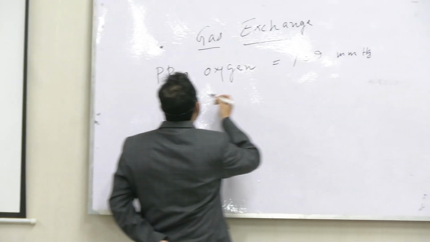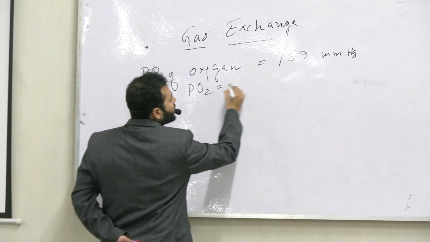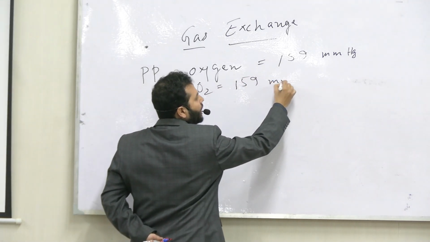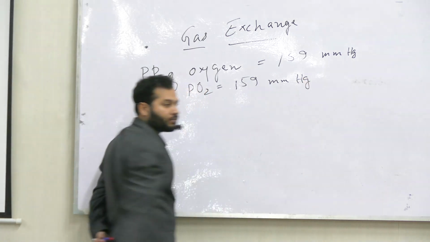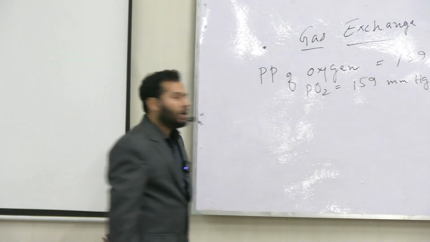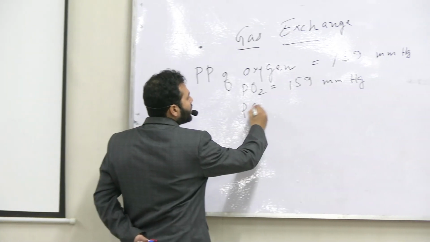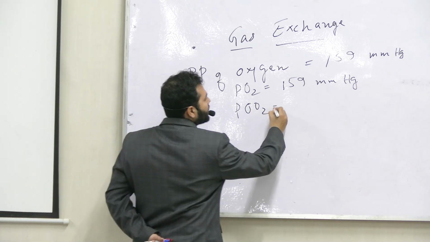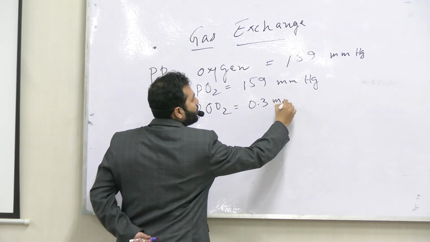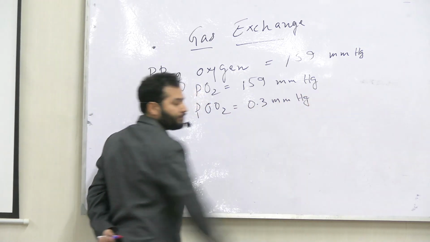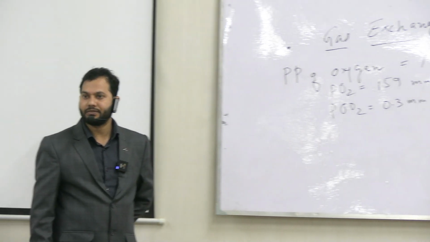This is called PO2, 159 mmHg. And the partial pressure of carbon dioxide is around 0.3 mmHg. Right?